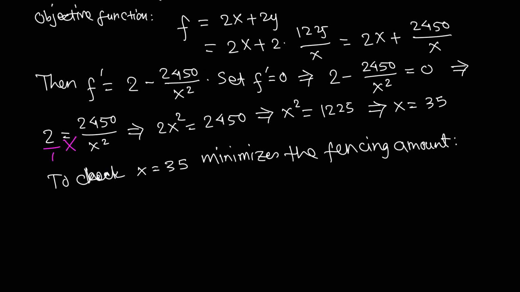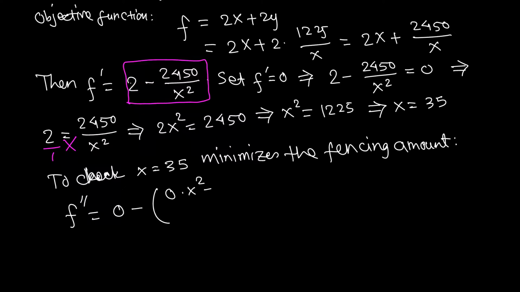Let's find the second derivative. So we have the first derivative here. Let's find its derivative one more time. The derivative of 2 is 0, minus, now we can use the quotient rule again. Or you can move x squared to the top, that becomes x raised to negative 2, then do the power rule, same thing.